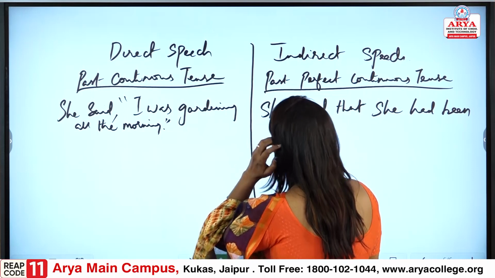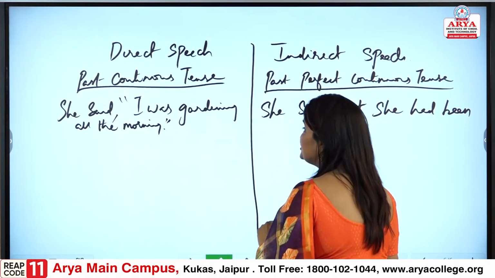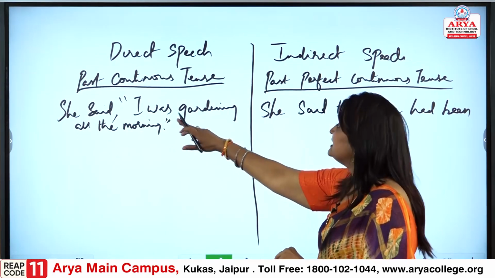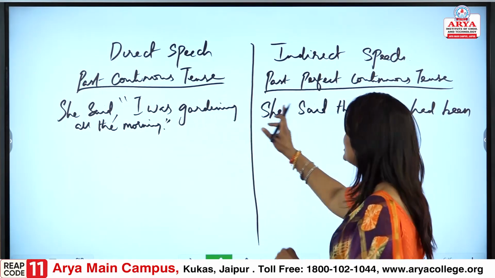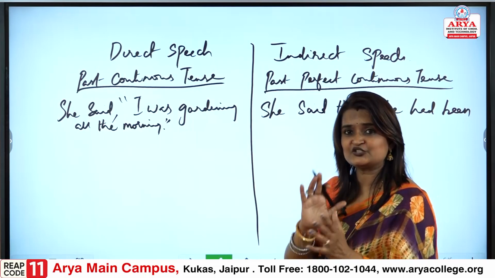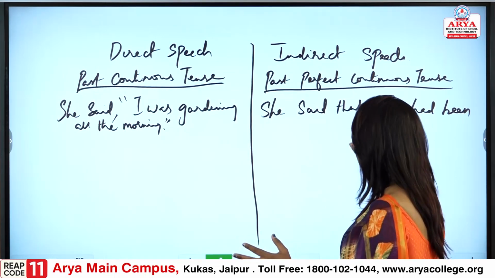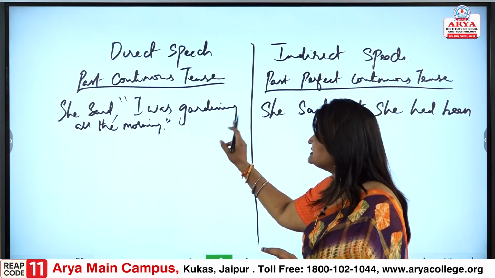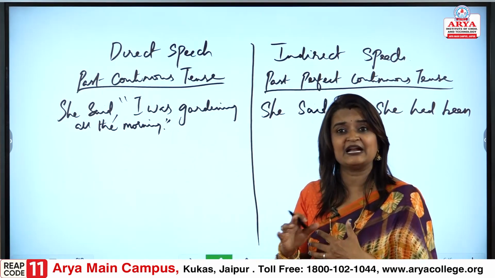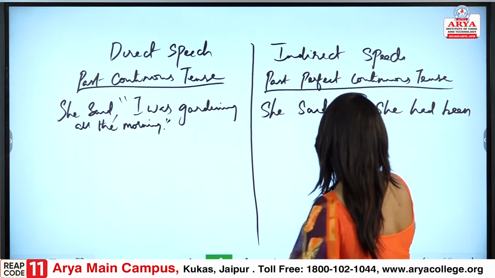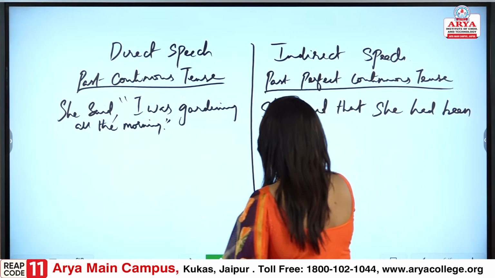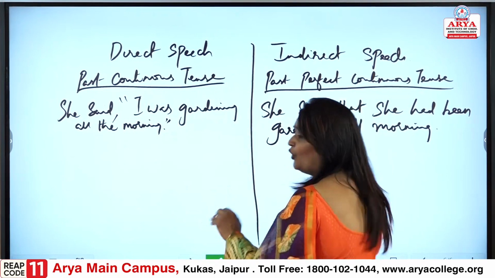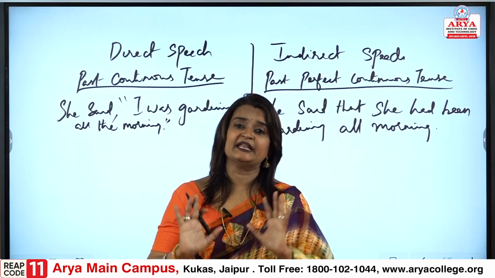Now, when we are looking at, she said I was, so indirectly we are talking. So, she said that she had been gardening all the morning. So, it was a continuous process. So, she had been gardening all morning. So, the whole morning period she was gardening.